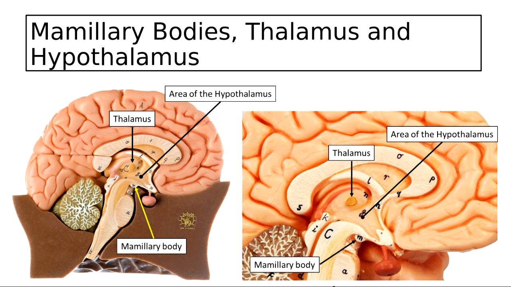Contains a thirst center, which has receptors called osmoreceptors, which monitor water levels in the blood. Responsible for waking and sleeping patterns, your circadian rhythm. And regulates biological rhythms like monthly cycles or mating seasons, that kind of stuff. So the hypothalamus, even though it's not really all that big of an area, has a lot of responsibilities.